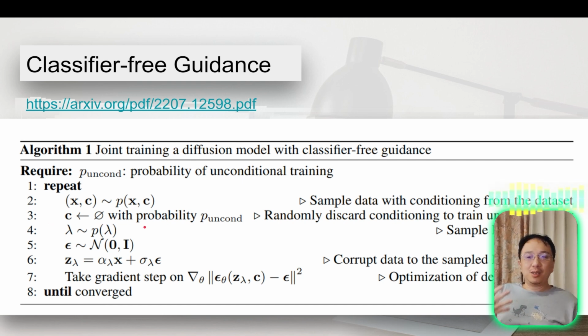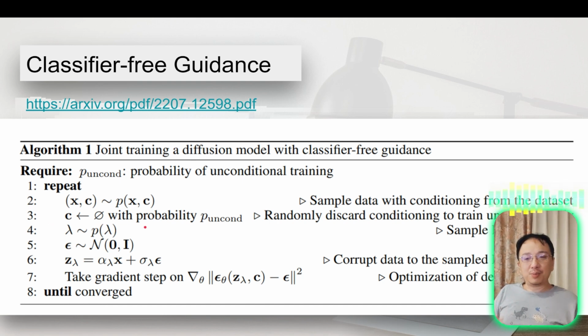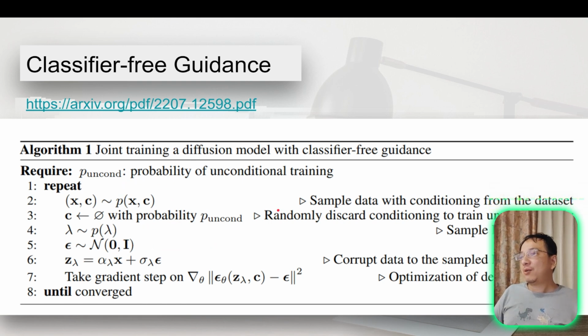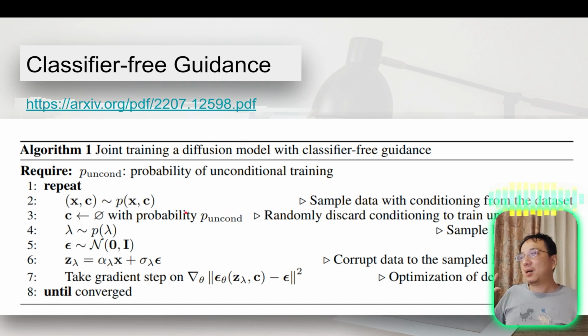At least this is how the idea begins. But in the implementation, classifier-free guidance in fact puts the conditional probability and the unconditional probability together into just one single model in a rather elegant way.